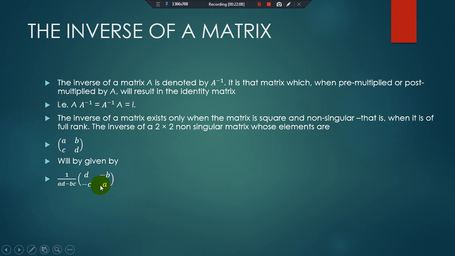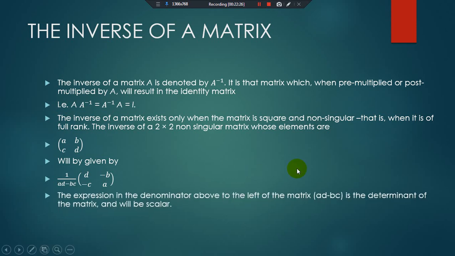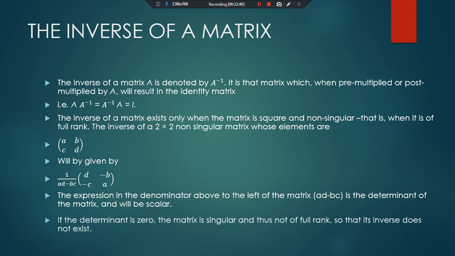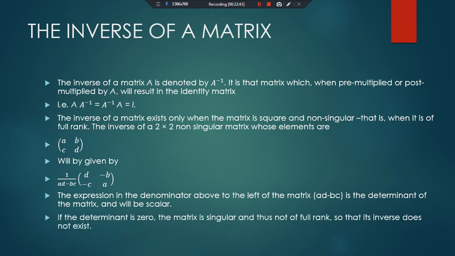In the transpose, we change the places of the leading diagonal elements and the sign of the other diagonal. The denominator AD minus BC is the determinant of the matrix, and it is a scalar. If the determinant is 0, the matrix is singular and thus not of full rank, so its inverse does not exist.